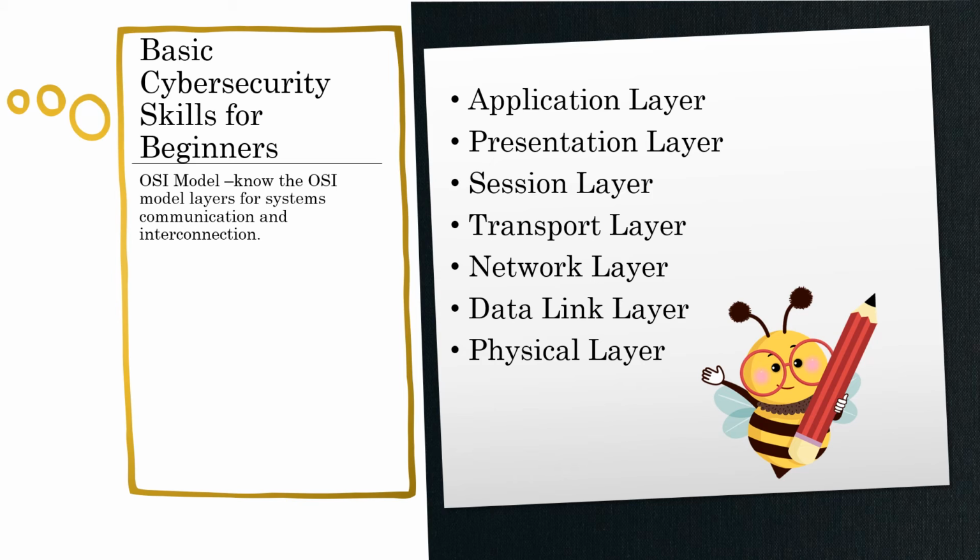The session layer controls ports and sessions. The transport layer transmits data via TCP and UDP. The network layer decides the physical path for the data. The data link layer defines the format of data on the network, and the physical layer transmits raw bits over the physical medium.